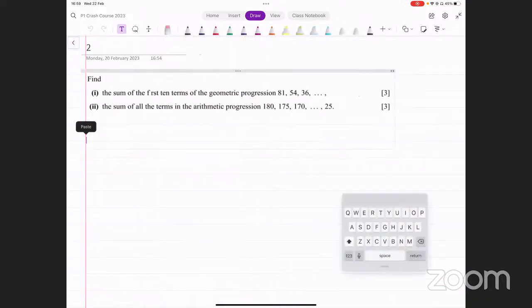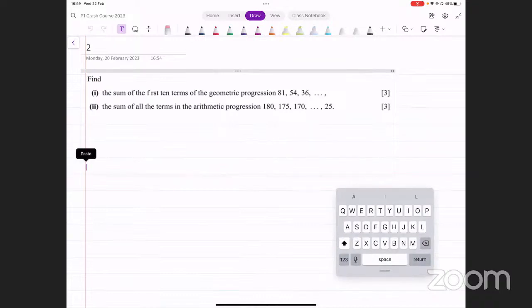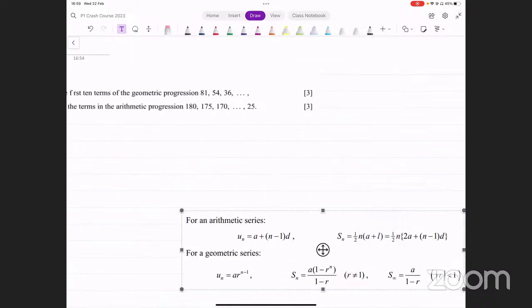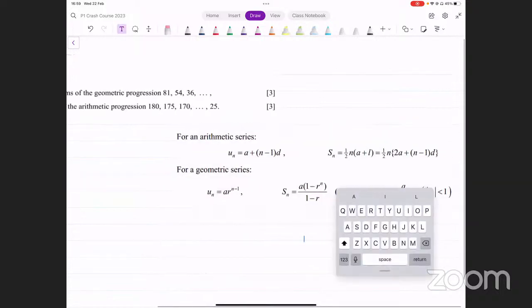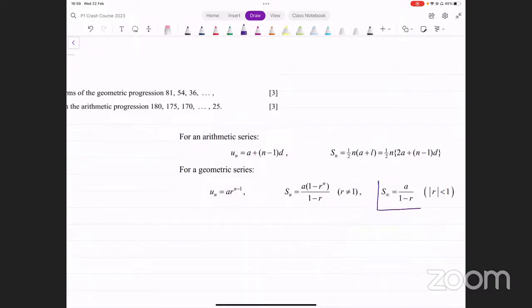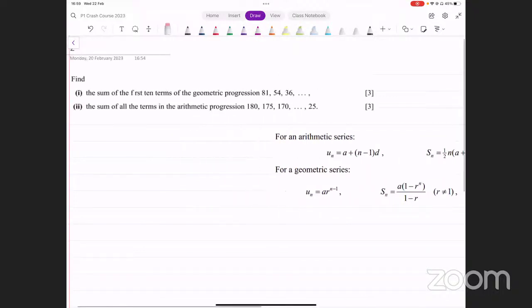Okay, so these are the formulas that we have. They're given in the formula sheet. You need to be able to use them. Now, we haven't yet covered the sum to infinity formula, but we've done the rest of them. We'll do that in the next class, inshallah.